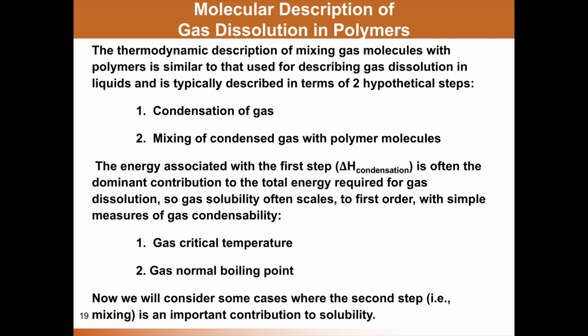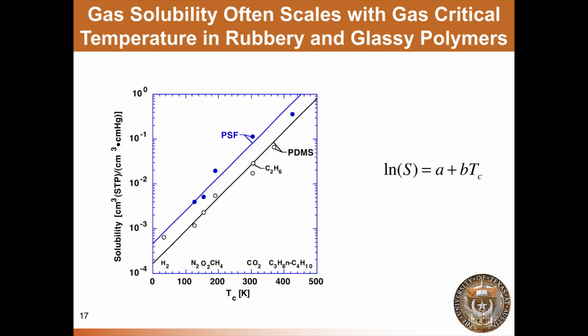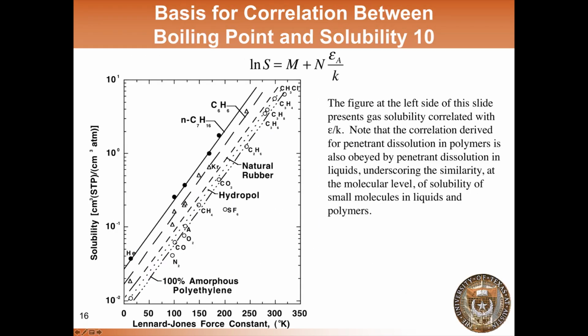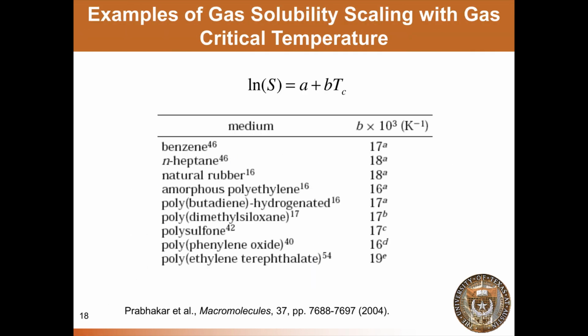You may already have an inkling of this when we saw that the data point for sulfur hexafluoride lay well below that of the other gases shown here. We'll come back to that in a moment.